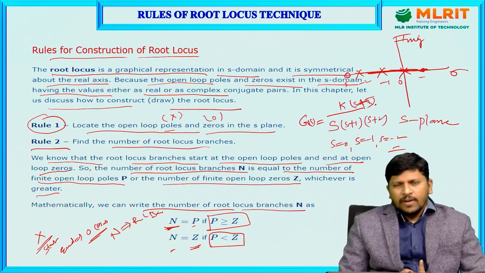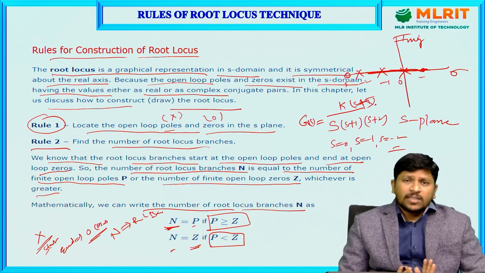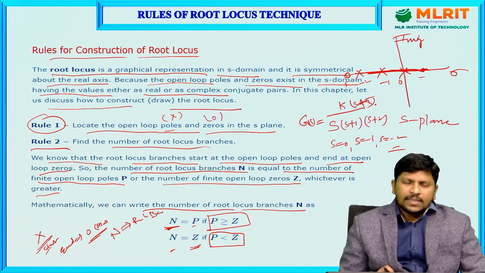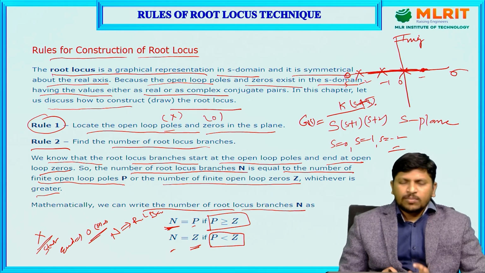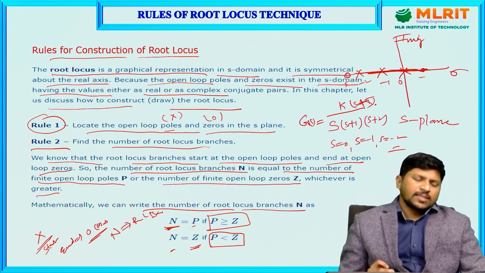First, see how many poles and how many zeros are present in the given question. If the poles are greater than or equal to the zeros, then the number of root locus branches is the number of poles. If the number of poles is less than the zeros, the number of root locus branches is the number of zeros. Simply, we are going to consider this.